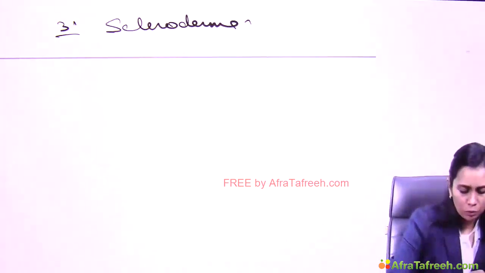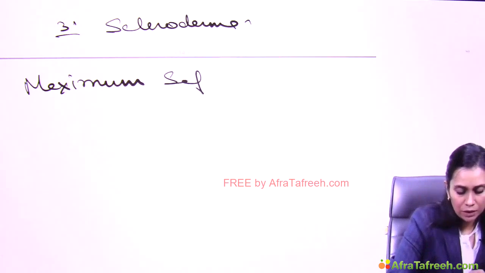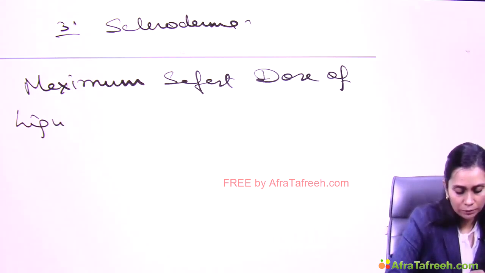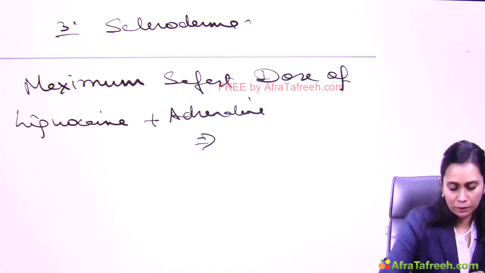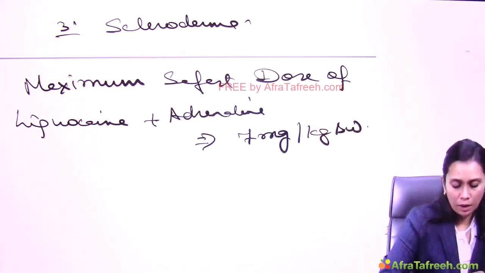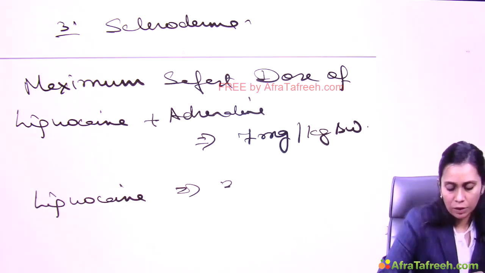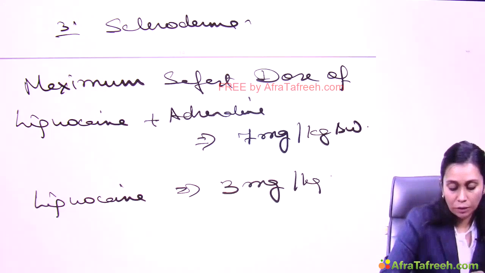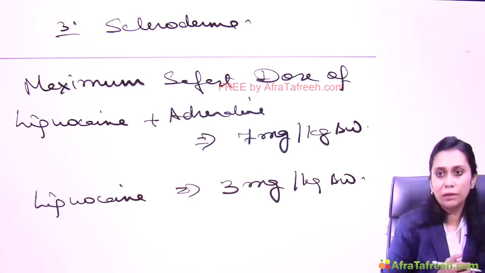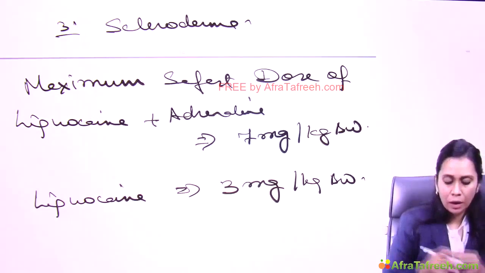Okay, so what is the maximum safest dose of lignocaine plus adrenaline for a block? It is 7 milligram per kg body weight. Okay, alone it is 3 milligram per kg body weight. Very important from the exam point of view. Okay, we have to memorize.